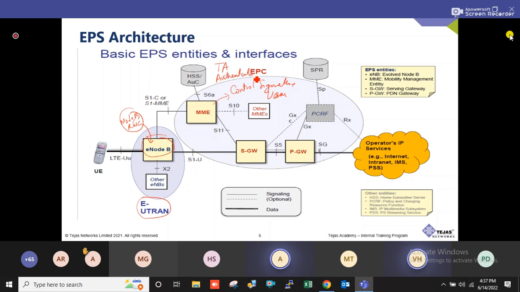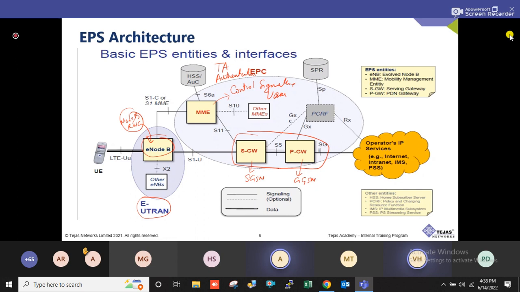So there are a lot of responsibilities given to MME with respect to control. When it comes to traffic, it is handled by two entities, the S gateway and the P gateway. The serving gateway is similar to SGSN, and the P gateway is similar to GGSN.